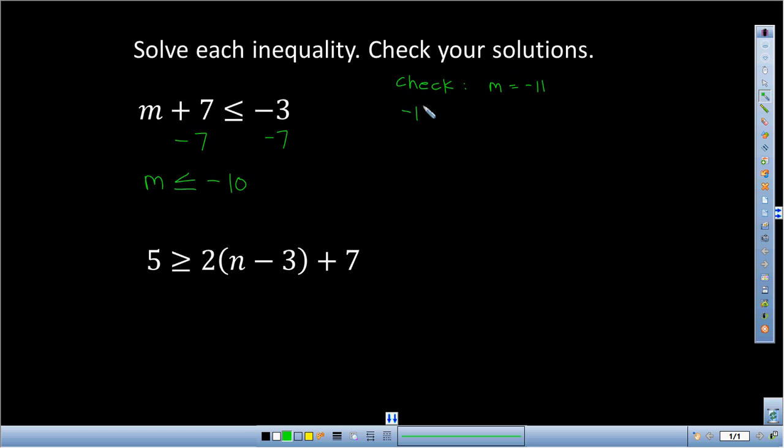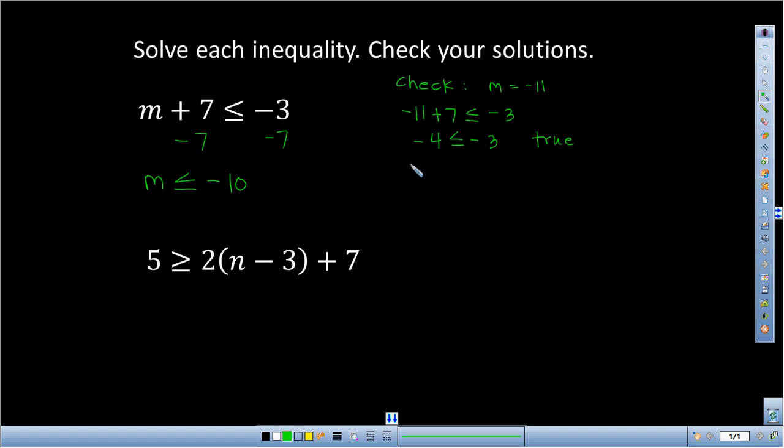So we have negative 11 add 7 is less than or equal to negative 3. Well, we know that negative 11 add 7 makes negative 4, and we're comparing that to negative 3, and sure enough, negative 4 is less than or equal to negative 3. That's true, so negative 11 is one of the possible values.